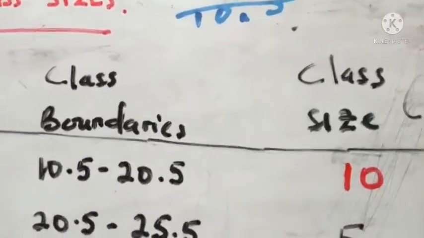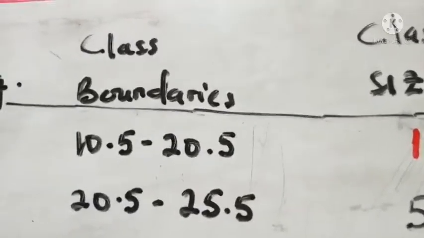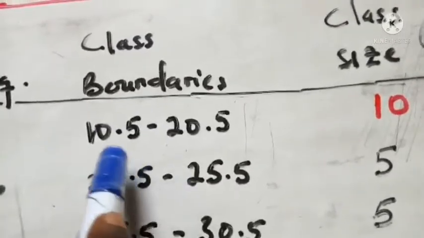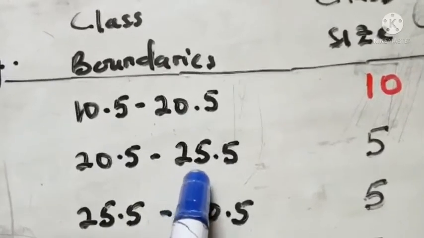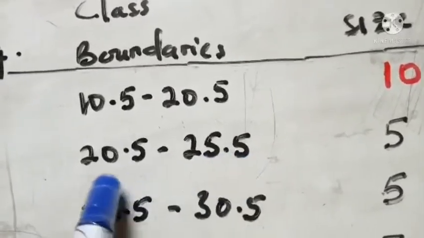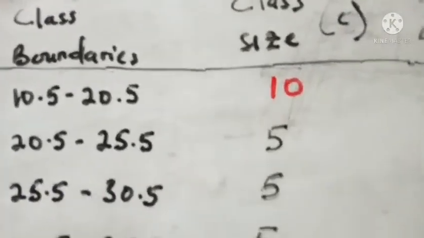We are doing this to check whether we've grouped everybody into equal class sizes, right? So when I subtract that from that, it will give me 10. What about this? 25.5 minus 20.5 will give me 5. Have you seen that there's a difference?